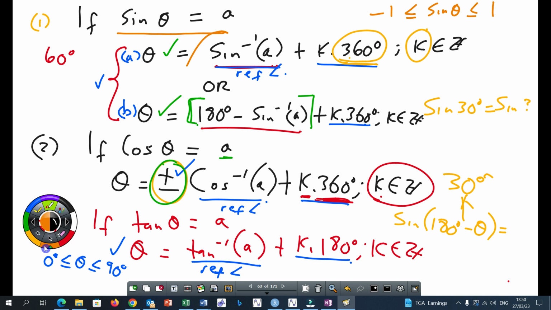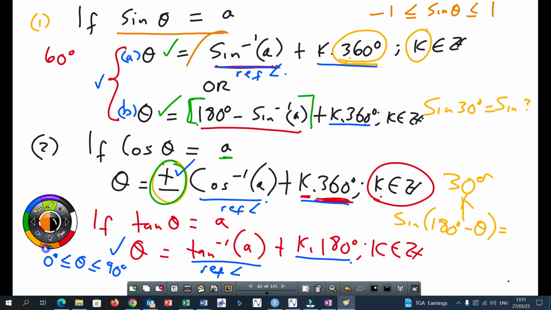Can you look and pay attention? If, say, A is positive, you substitute there, you get a positive angle in the first quadrant always. Then you subtract that positive angle from 180, you get the second angle in the second quadrant. So why do you have to write quadrant 1, quadrant 2? There's no need for that. And listen, if it was negative, whatever angle you get here is going to be negative, and it's most likely to be acute.